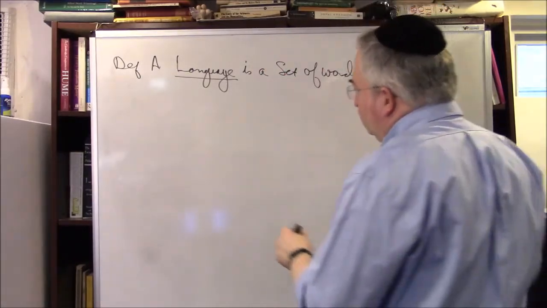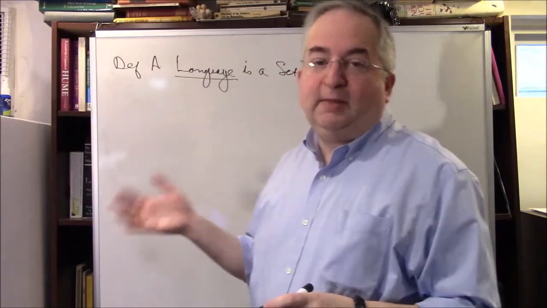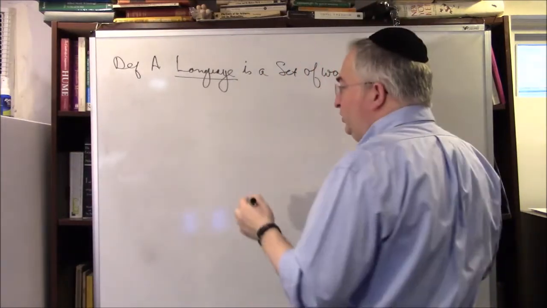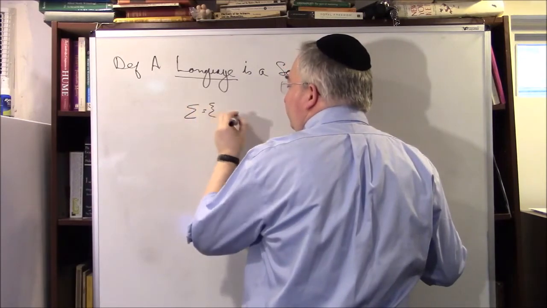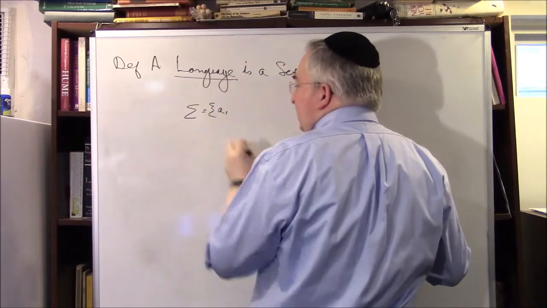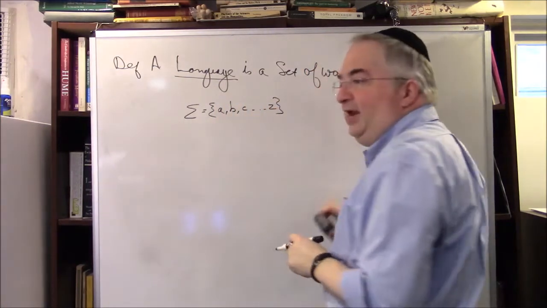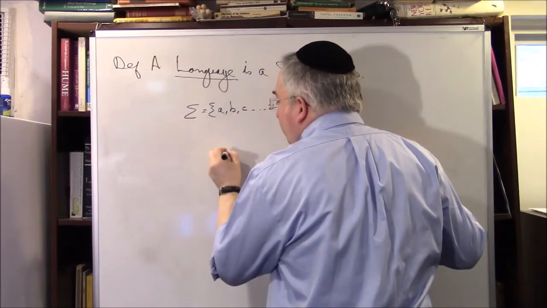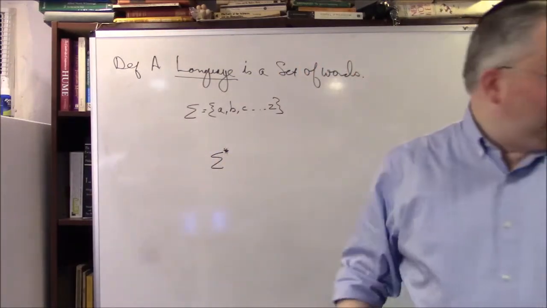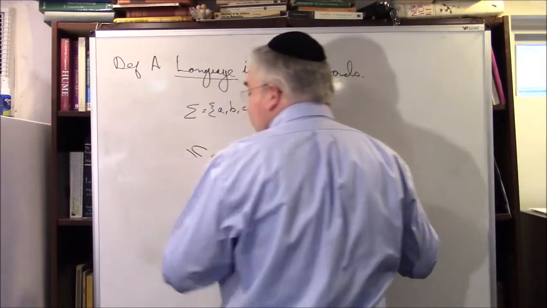So let's do some examples. We're going to talk about natural languages for a minute, but then we're going to talk about what we're interested in, computers. If you have the Latin alphabet, A, B, C, all the way down to Z, then we could talk about the set of all words in this alphabet. And then we could say, what are some languages? Well, what's a language?